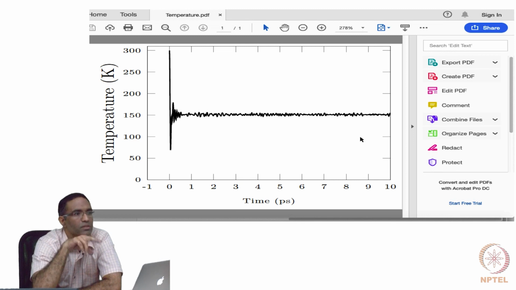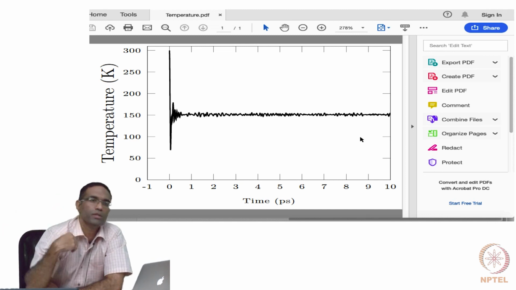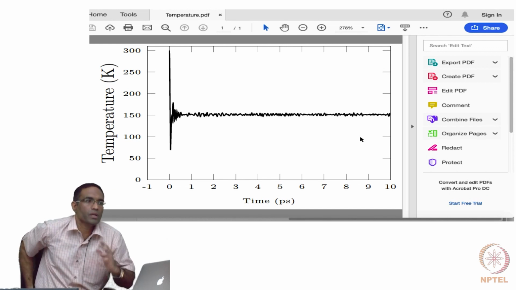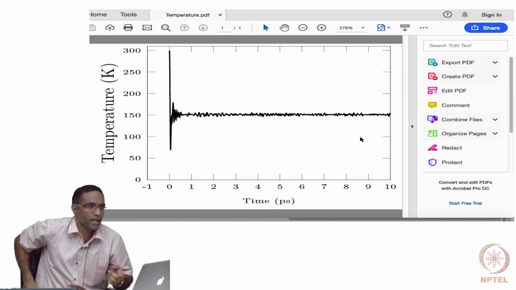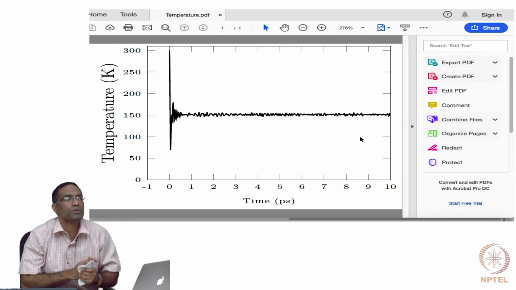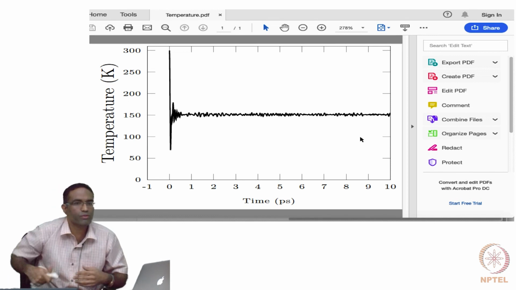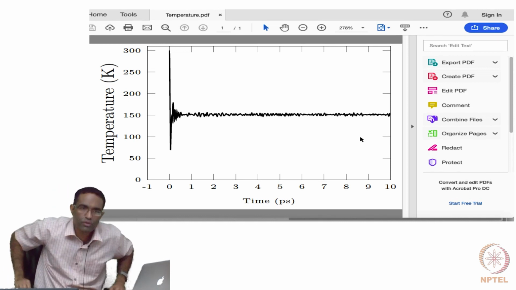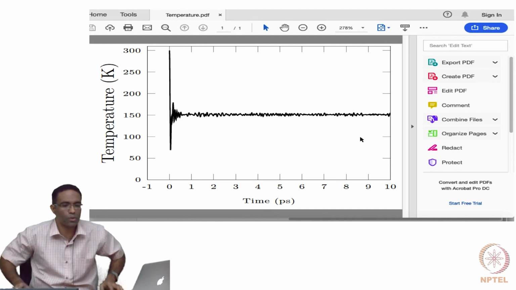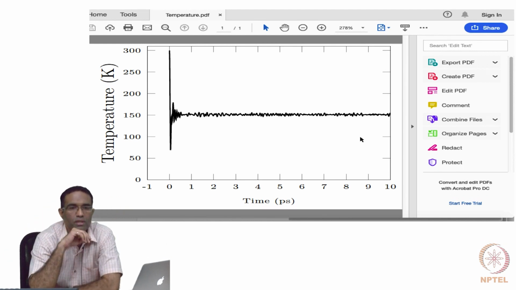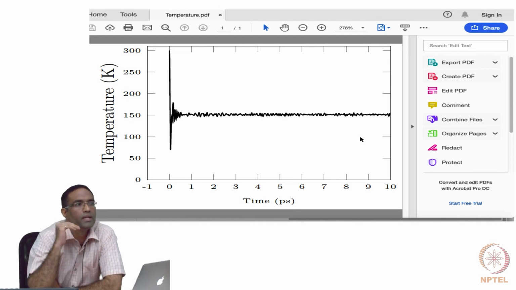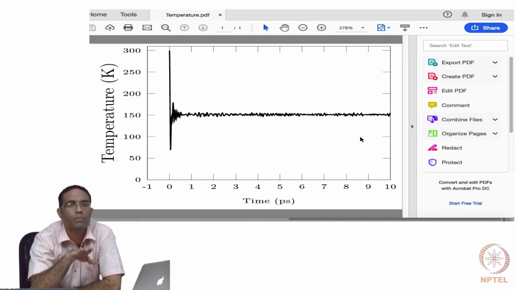You can experiment with many different temperatures. For example, if you set the initial temperature to 500 Kelvin, it will converge to 250 Kelvin. If you started off with 450 Kelvin, it will converge to 225 Kelvin. So the set temperature is actually not the temperature that it reaches under equilibrium conditions.